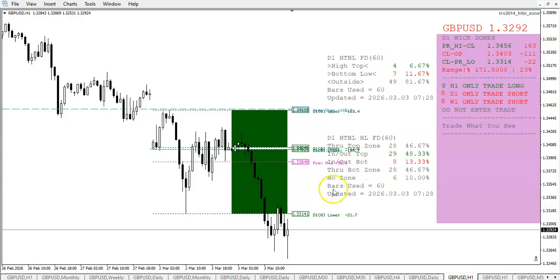It was mostly wick zone. Yesterday's candle was practically a doji. So in and out of that upper and then in and out of the lower wick zone. And price likes to close outside of the wick zone.